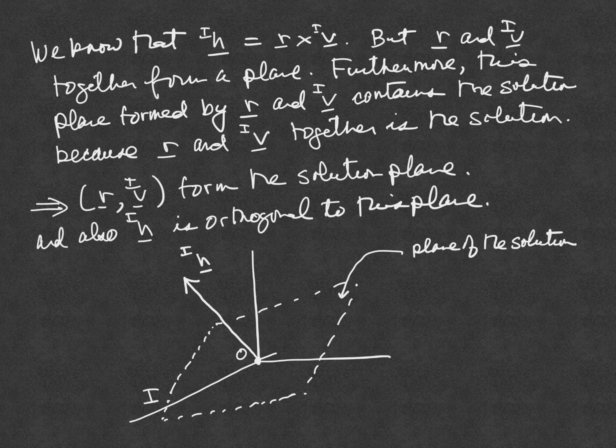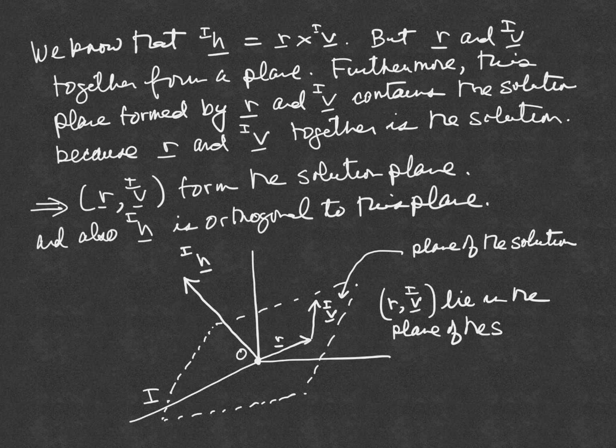So now I have a vector r, and I have a velocity v to go with r. So r is the position, and v_I is the inertial velocity. And r and v_I lie in the plane of the solution.